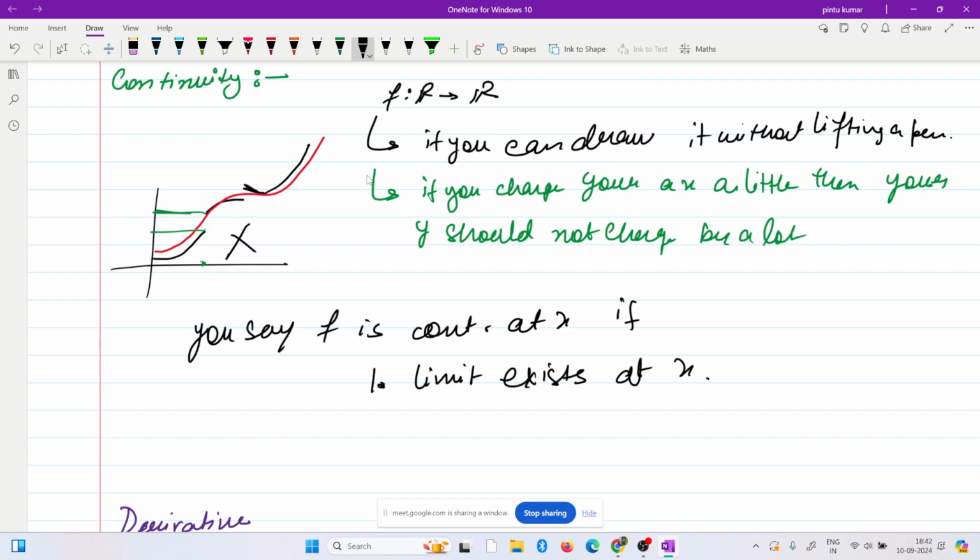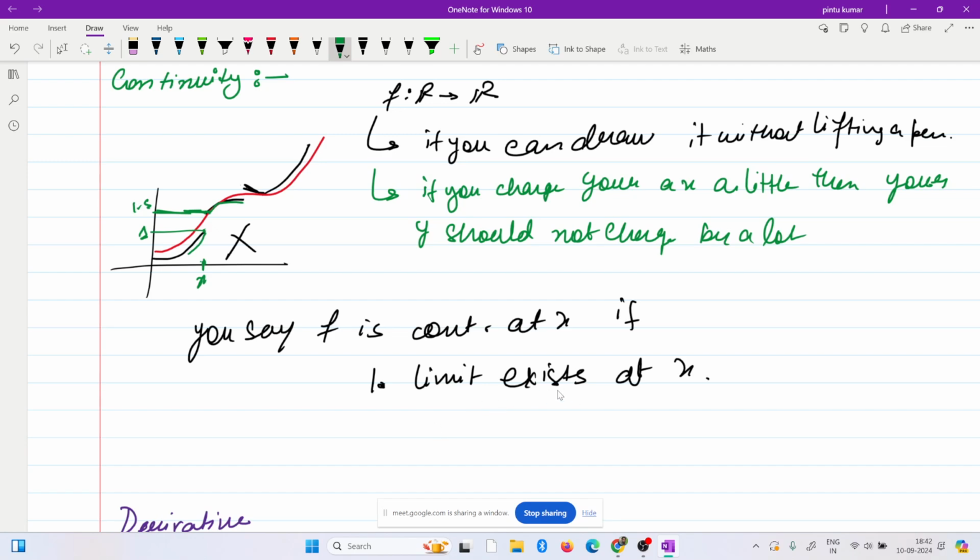So whether you are coming from the left hand side or from the right hand side, you should attain the same value. If you look at the black example, this condition was violated. Let's say this is my point x, and this is value 1 and this is 1.5. If I approach this point via this side, I'll reach a value of 1. If I come from the right hand side, I'll reach a value of 1.5. So the limit also doesn't exist for this particular function.